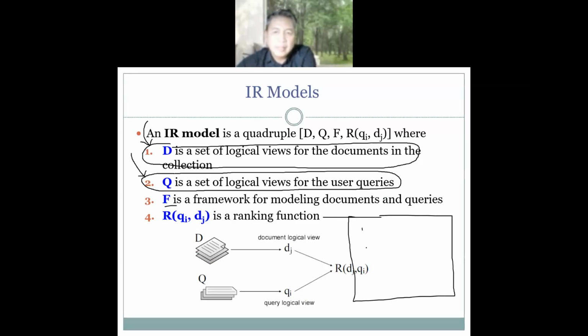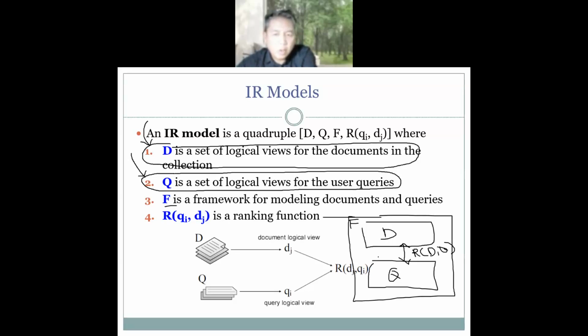And then we said, okay, this is our document here, and this is our query, and this is our F, the framework. And then we must have a ranking function that measures the distance between the D and the Q. So the ranking between these two.